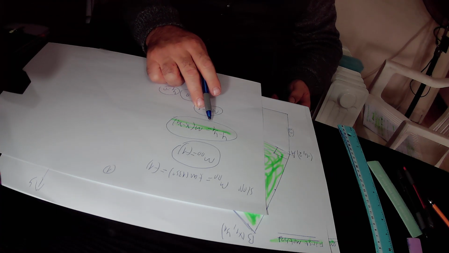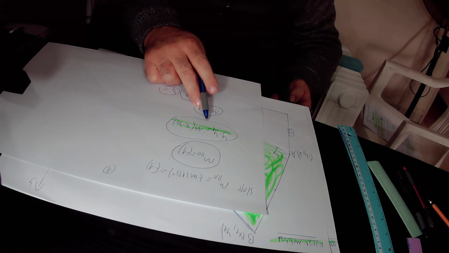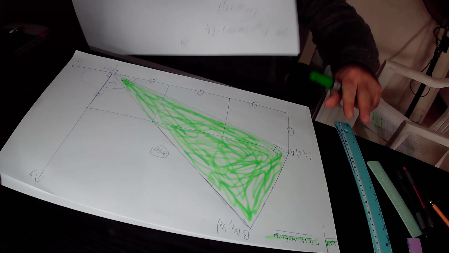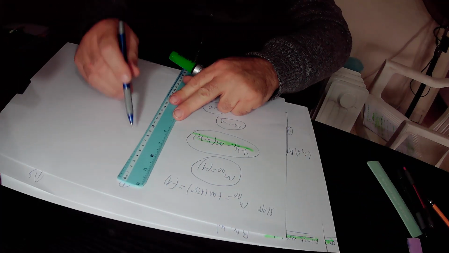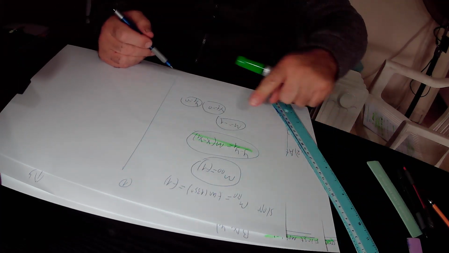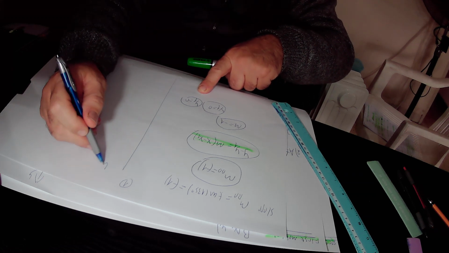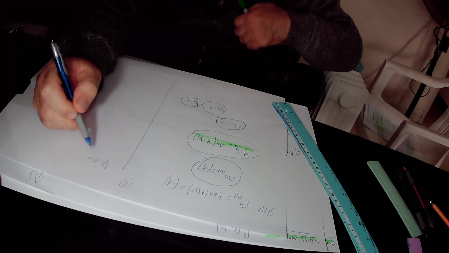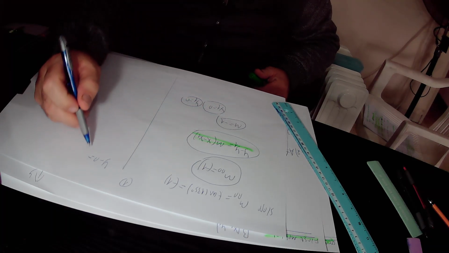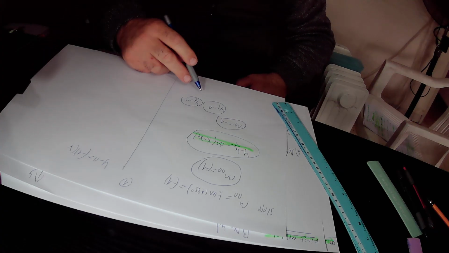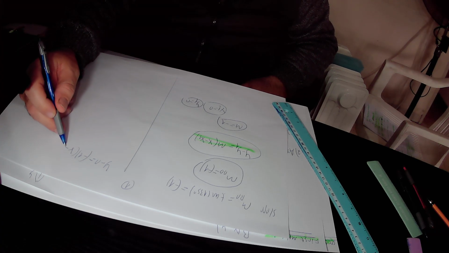According to this equation, that is the equation of any straight line, the equation of the straight line BO will be y minus y1. y1 is 0, so it is y minus 0 equals m. m is minus 1 times x minus x1. x1 is also 0, so it is x minus 0.